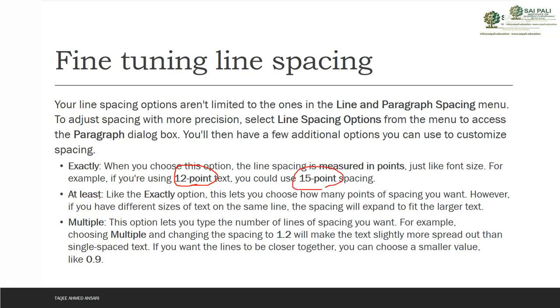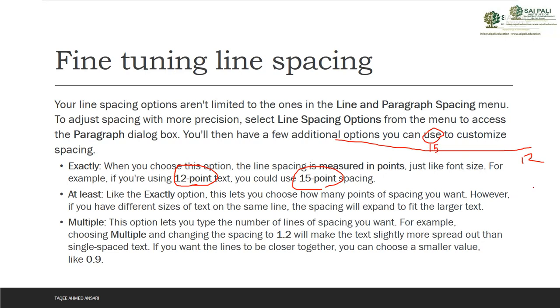What does this at least option do? Like the exactly option, this lets you choose how many points of spacing you want. However, if you have different sizes of text on the same line, the spacing will expand to fit the large text. That means in a single line I have all the text of size 12, but I have one word of size 15.